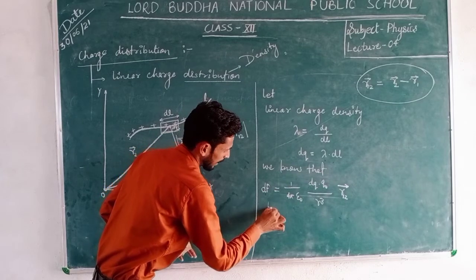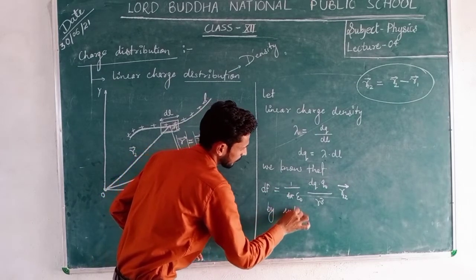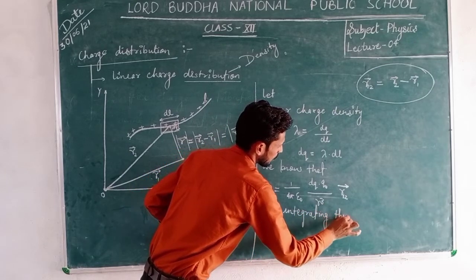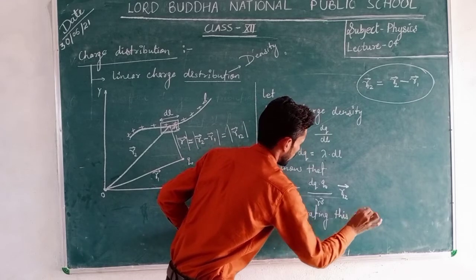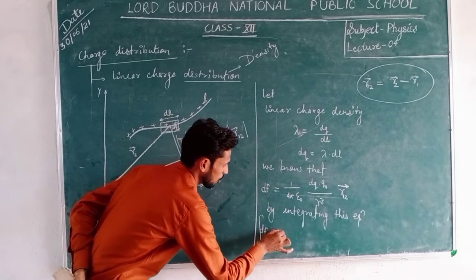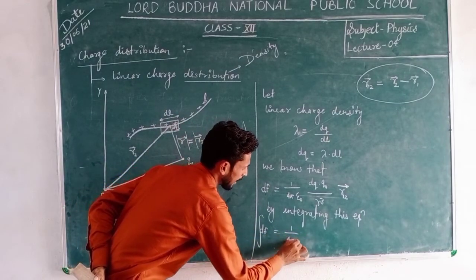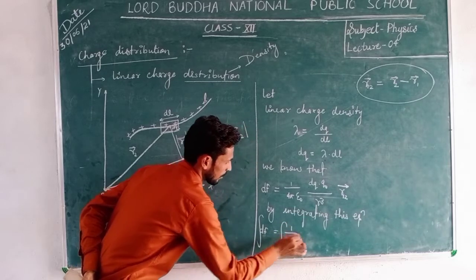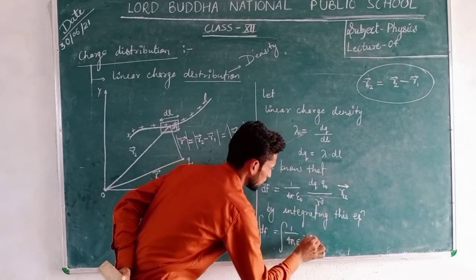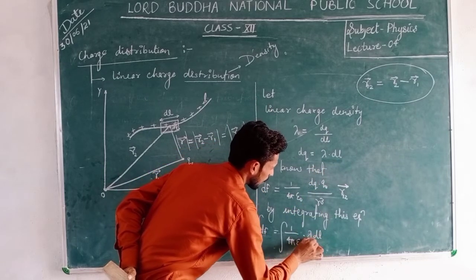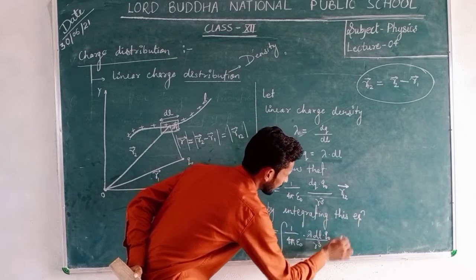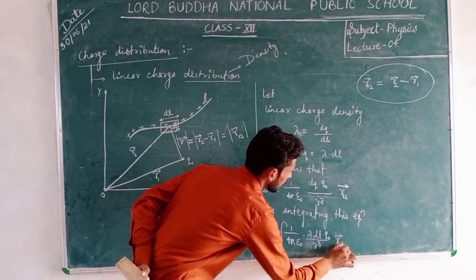By integrating this equation, we get dF equals 1 upon 4 pi epsilon naught into, in place of dq, lambda into dl, so lambda into dl into q naught upon r cube, and here the effective length is vector r12.